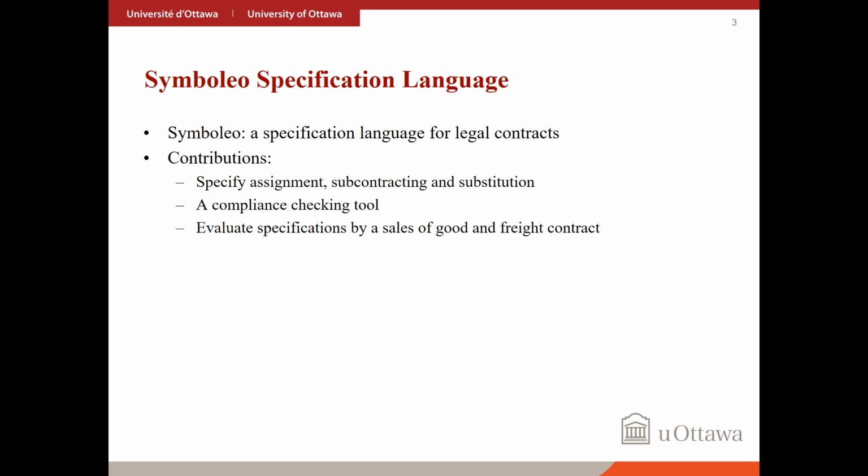Briefly, in this paper, we have specified execution time operations like subcontracting in Symboleo. We developed a compliance checking tool that includes reasoning with subcontract, substitution, and assignment, and we also evaluated our proposal using a realistic series of good and fake contracts.